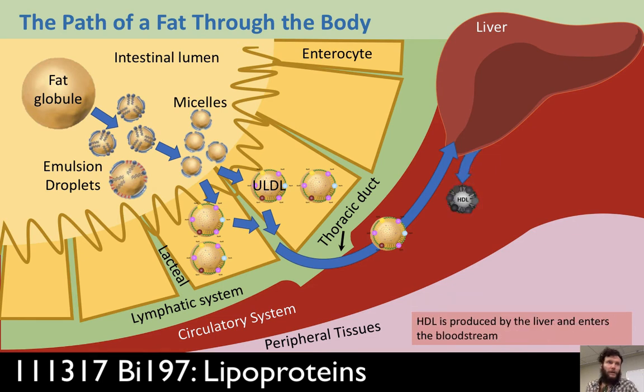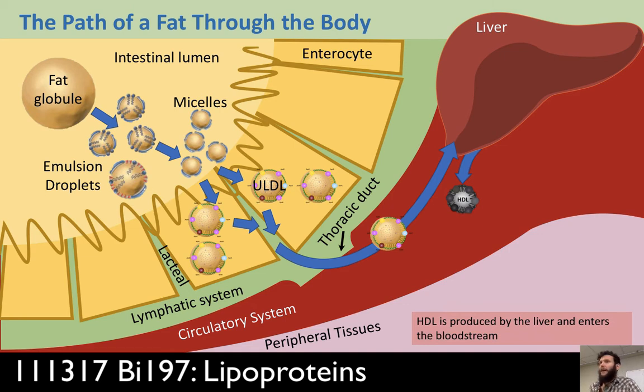In the liver, we begin to produce the other lipoproteins. The first one I'm going to talk about, and in some ways the most important, is HDL, high-density lipoprotein. It's produced in the liver, and then it gets released by the liver into the circulatory system.